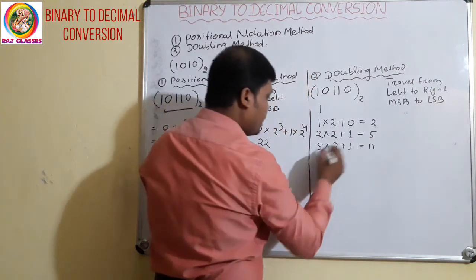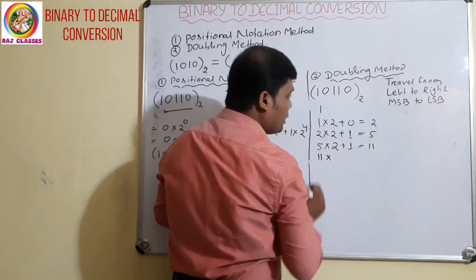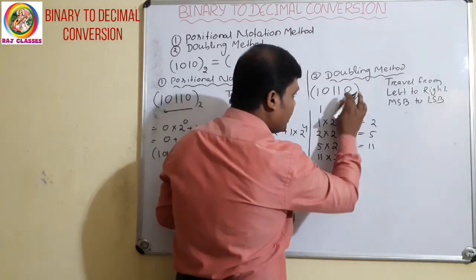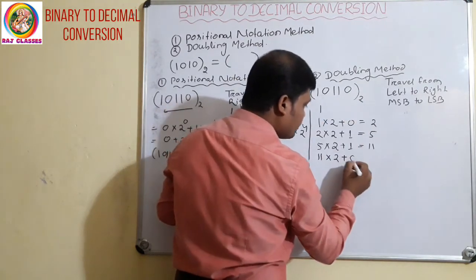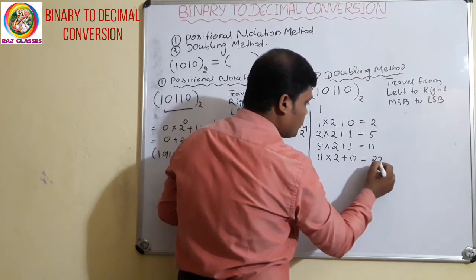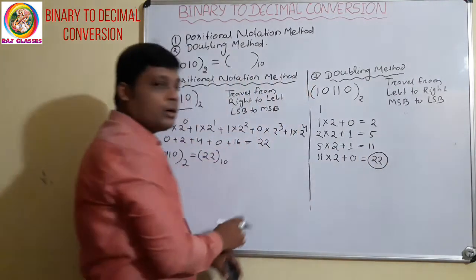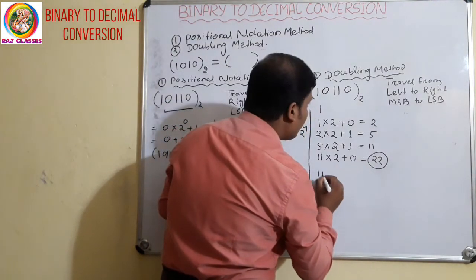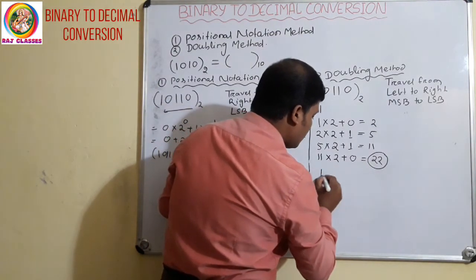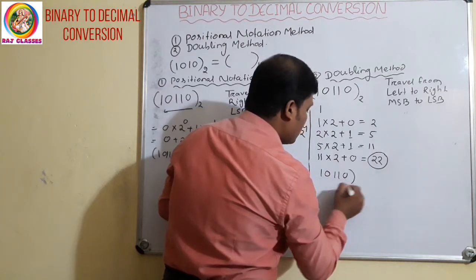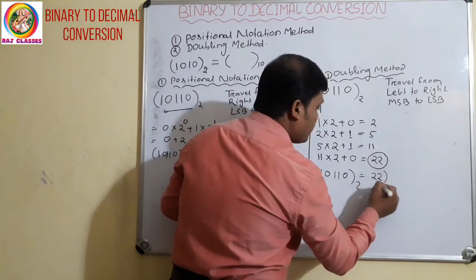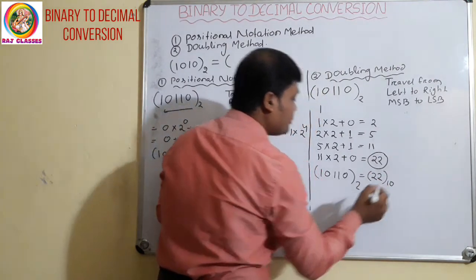Then 11, multiply by 2, plus the next digit 0. Now this is 22. So the decimal value for 10110 base 2 is 22 base 10.